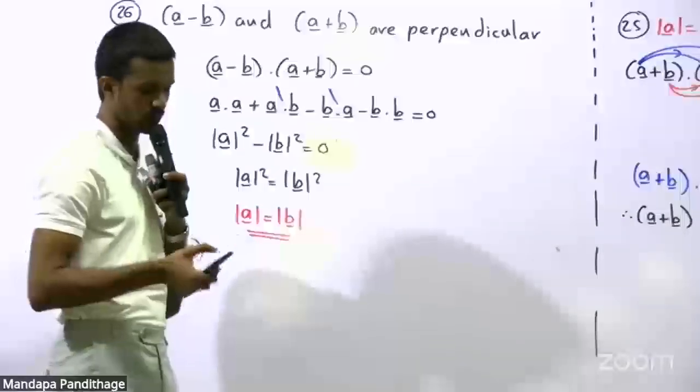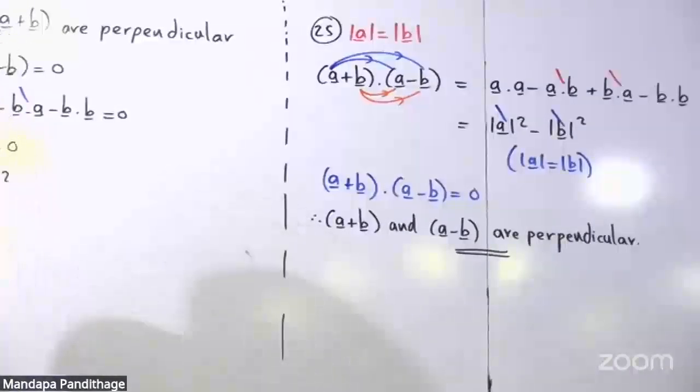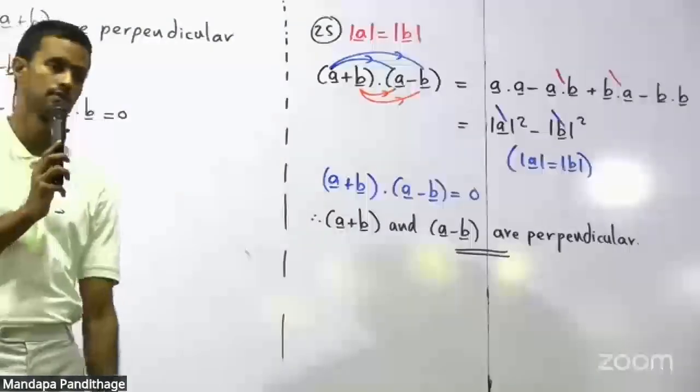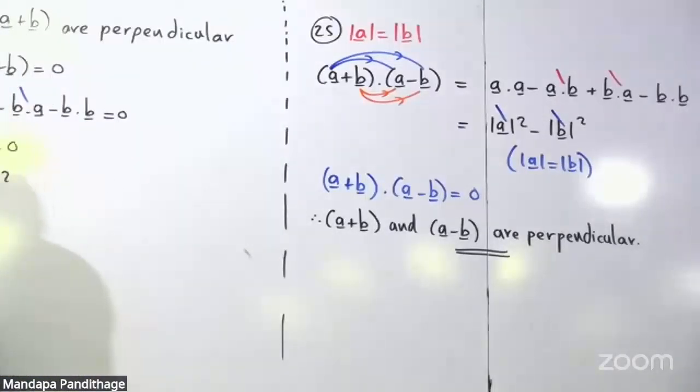If we are supposed to show that two vectors are perpendicular, we need to simplify the dot product between the two vectors, and show that it is 0.